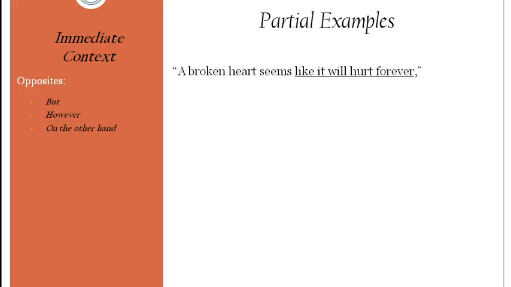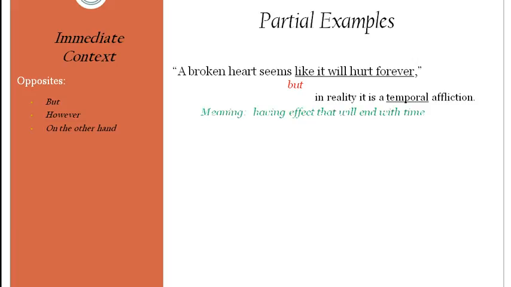Notice that the word temporal in example 2 appears after the word but. This implies that temporal is the opposite, or is contrasted, with something in the first half of the sentence. If one knows that temporal has something to do with time, one looks for time-related terms in the first half of the sentence. The context shows us that temporal is the opposite of lasts forever. Therefore, temporal, in this context, means an effect that will end eventually.